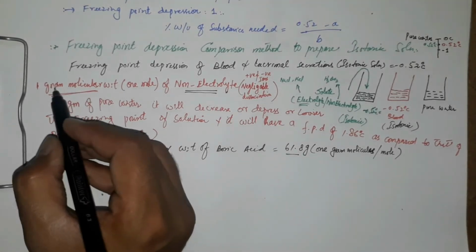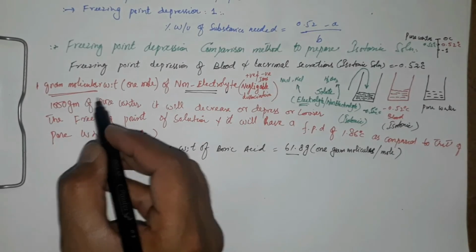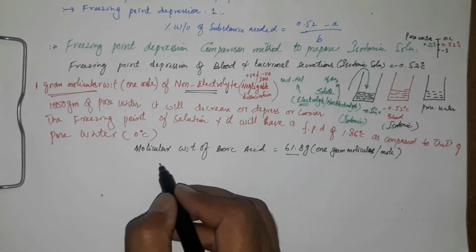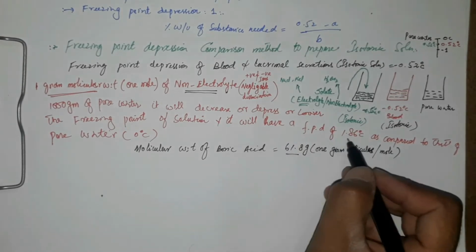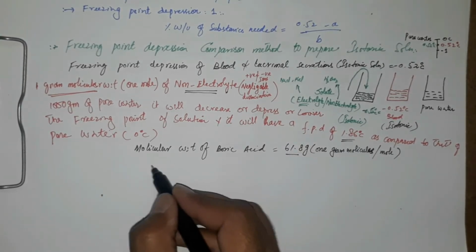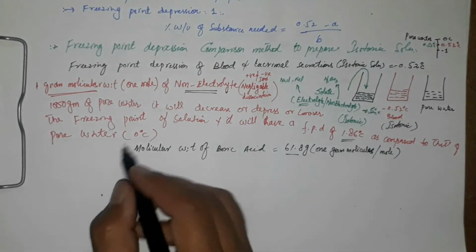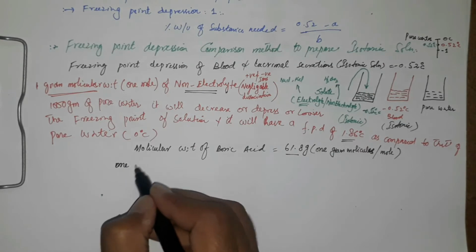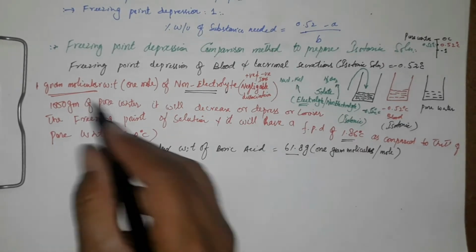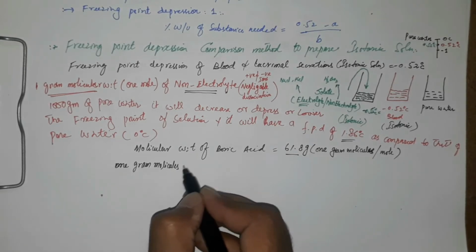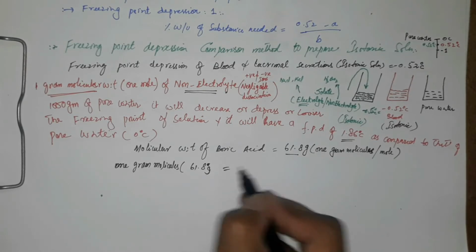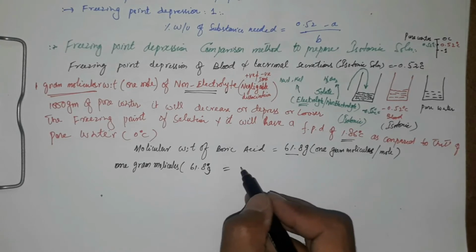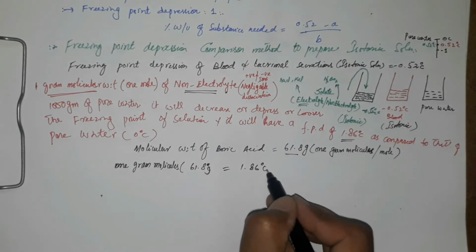Here we discuss that 1 gram molecular weight, or 1 gram molecule, or 1 mole of anything, when added to 1000 gram of water, will produce a freezing point depression of 1.86 degrees centigrade. So when 61.8 grams of boric acid is added to 1000 gram of water, it will produce a freezing point depression of 1.86 degrees centigrade.